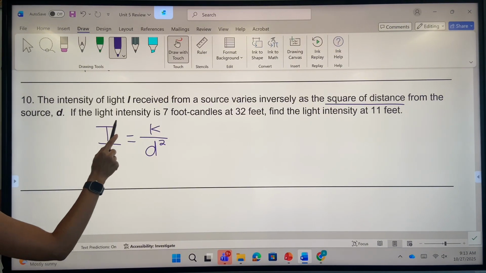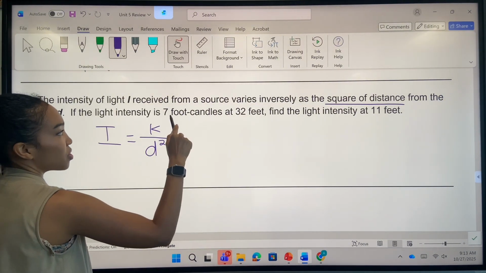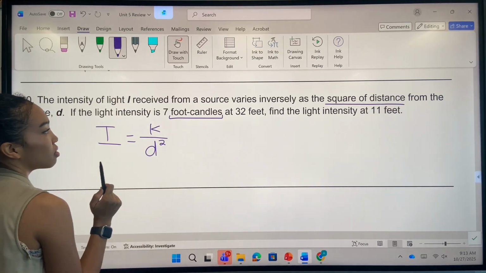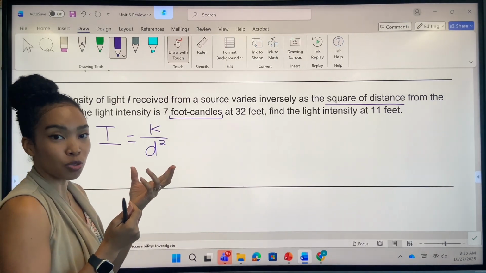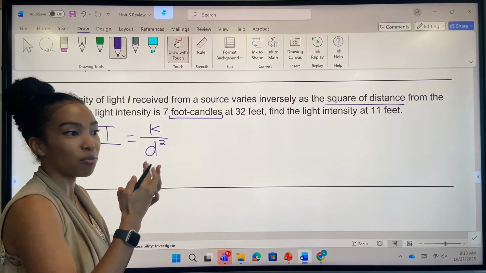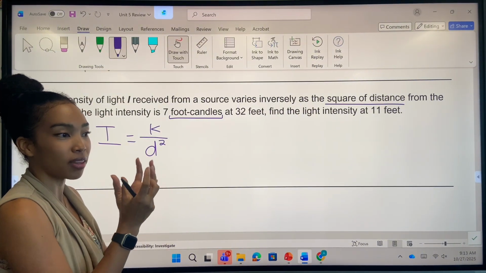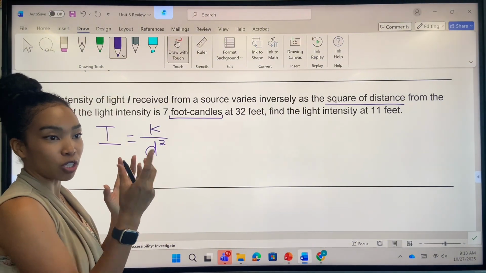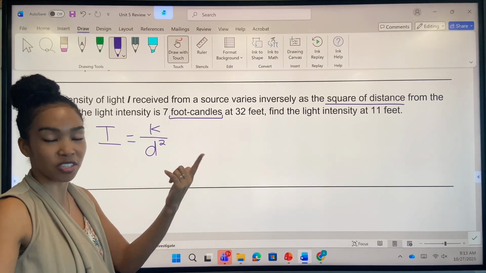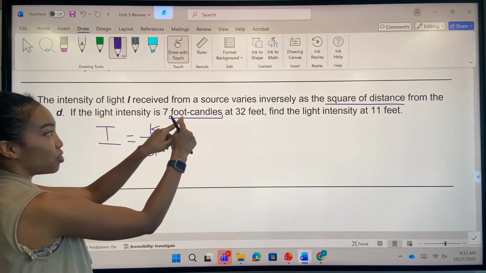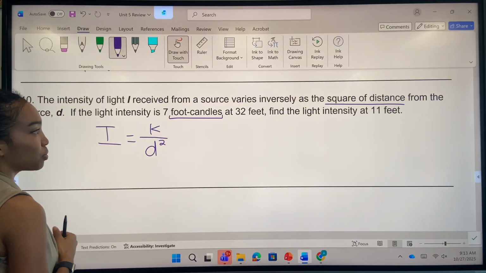If the intensity of light is 7 foot candles, and this is just a measurement, foot candles, if you ever look at a light bulb, it'll tell you how many lumens it is, and lumens just tells you how much light is being emitted from the light bulb. So if you divide the lumens by the area of the space that you're trying to light up, that will give you foot candles, and that's just a measurement.